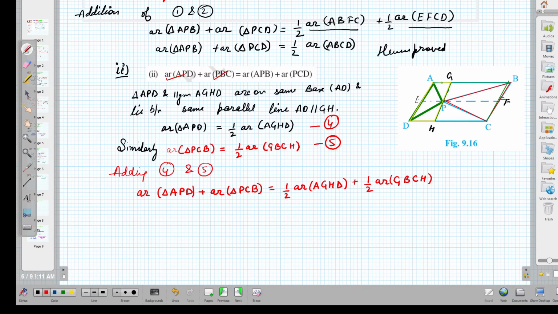ठीक है, और अगर हम येलो जो हमारे पास पैरेललोग्राम है और जो ग्रीन पैरेललोग्राम है, इन दोनों के एरिया को ऐड करें तो हमें एंटायर क्वाड्रिलेटरल का, एंटायर पैरेललोग्राम का एरिया मिल जाएगा. तो हम यहाँ लिख सकते हैं दैट इज इक्वल टू द हाफ ऑफ दिस. तो इसको हम हाफ को कॉमन ले लेते हैं और इन दोनों का एरिया क्या होगा? एरिया ऑफ ABCD, राइट. तो यहां पे हम इसको ऐसे लिख सकते हैं और पीछे जो हमने प्रूव किया था वो हम यहां पर लिख सकते हैं कि हाफ ऑफ दिस एरिया ऑफ ABCD इज इक्वल टू दिस वन.